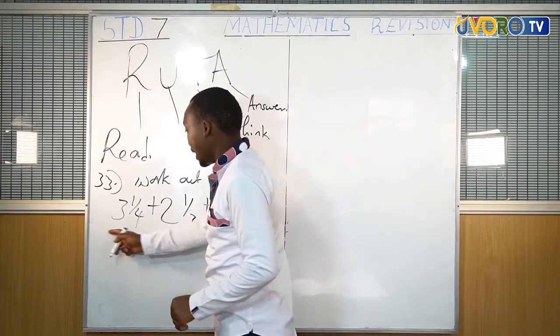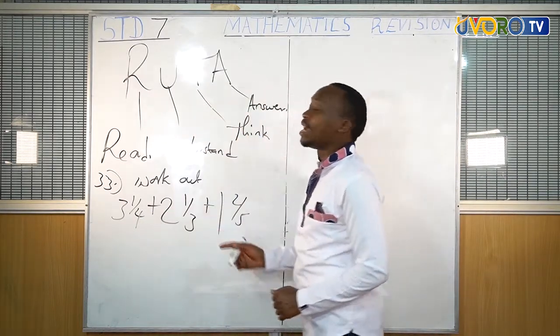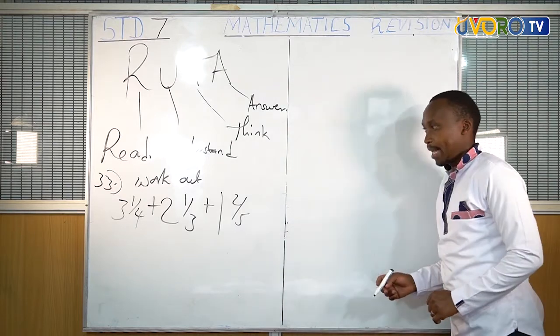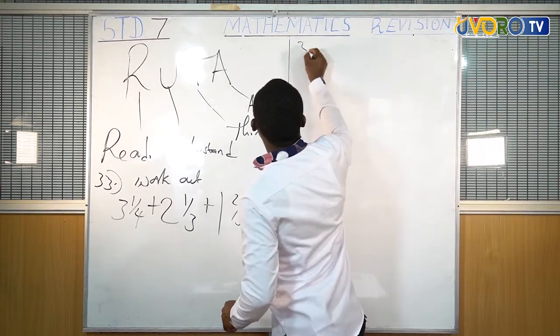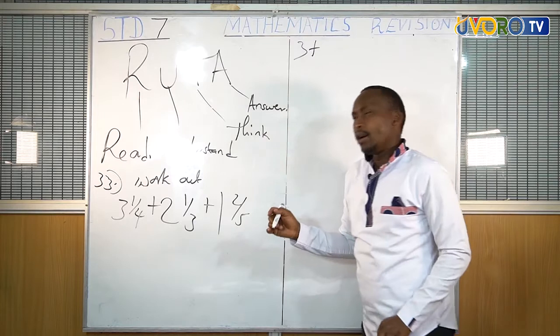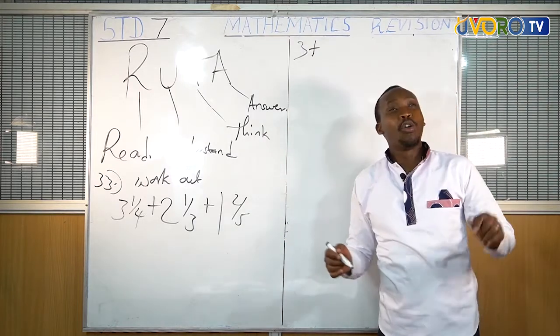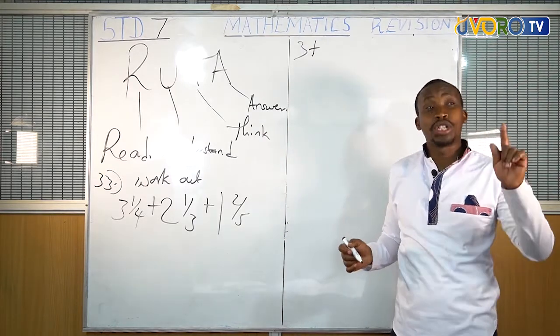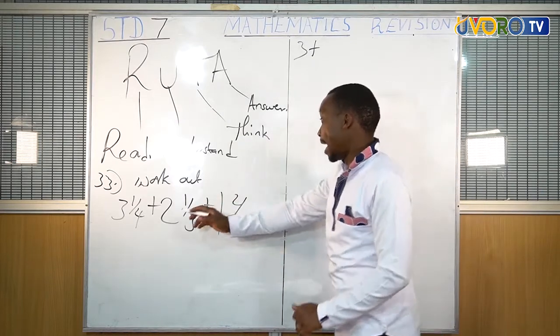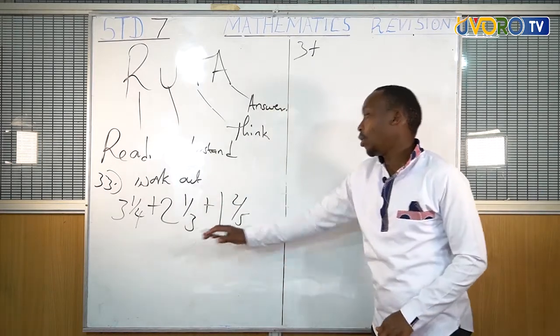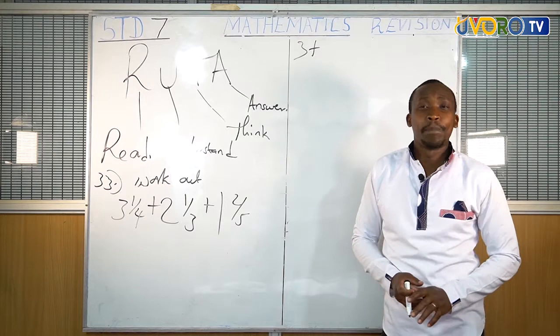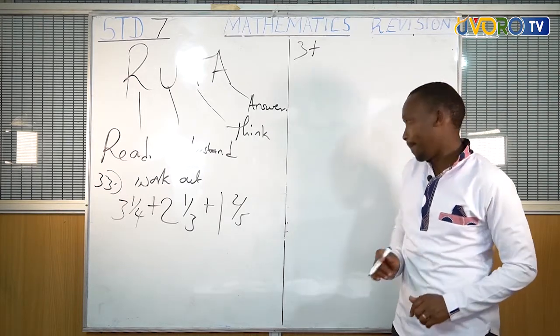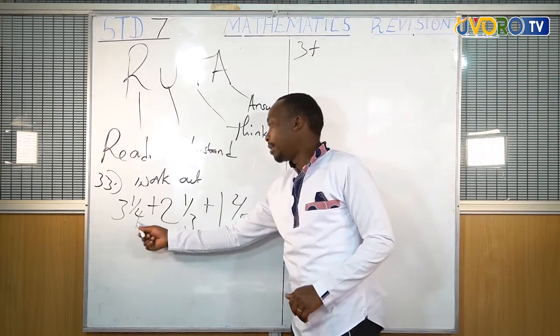In our first case, which one is the whole number there? It is 3. Somebody is asking, what is a whole number? A whole number is a number without a fraction. Very good. Now, the next set of numbers, which is the whole number here?